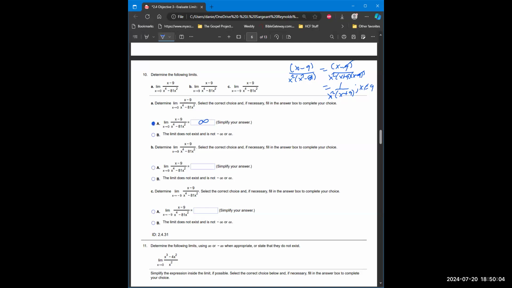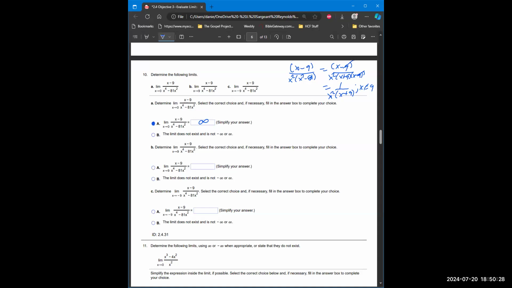As I get close to 9, I have to consider from the left and the right. This is changing sign here. This is not. So that limit is not going to be either negative or positive infinity because, oh, that's 9, not negative 9.